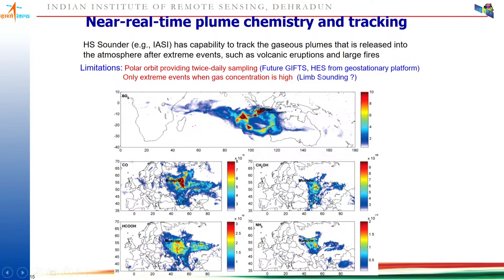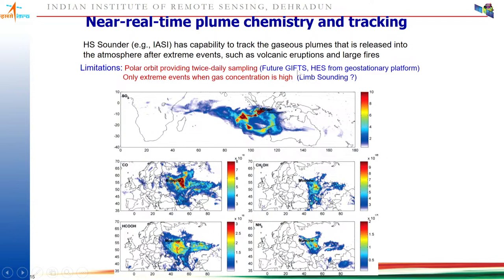And currently this IASI or AIRS is a hyperspectral sounder which gives a lot of species information, and also the GIFTS. This is a Geosynchronous Imaging Fourier Transform Spectrometer. It has around 1800 channels, and it is a very high resolution sounder from the geostationary platform.